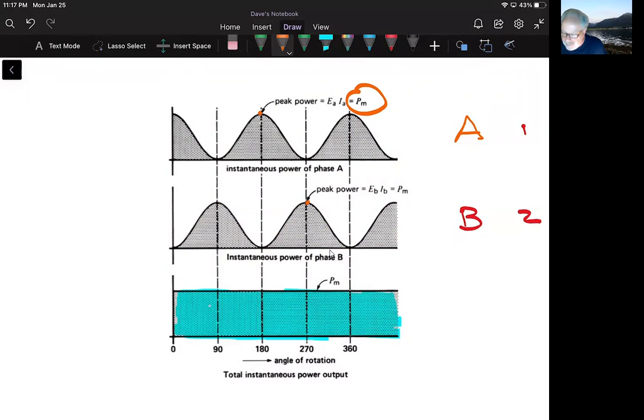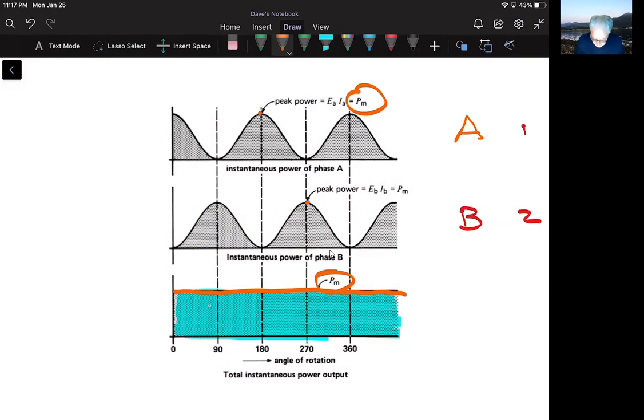If we combine those, we would find that the total power output is now constant. It doesn't pulse anymore. It's like that twin cylinder chainsaw. The power is consistent. Look, it's a straight line here. And the value of that straight power output is equal to the peak power of one phase.